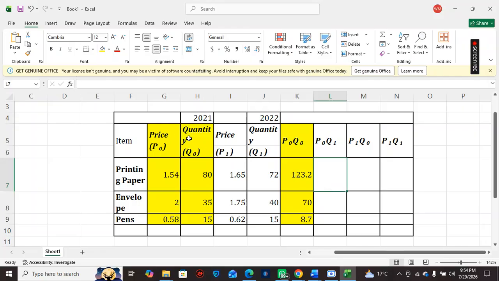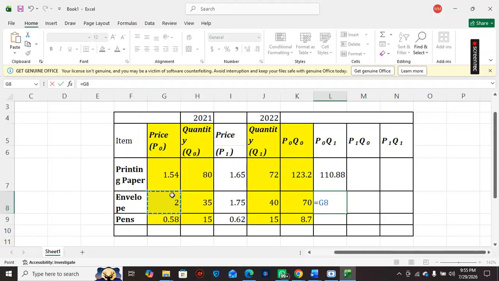Next, we're using 2021 prices to multiply them with 2022 quantities. Have you seen this? P0Q1, 2021 prices multiplied by 2022 quantities. So the price here, 1.54 multiplied by 2022's quantity of 72, we get 110.88.